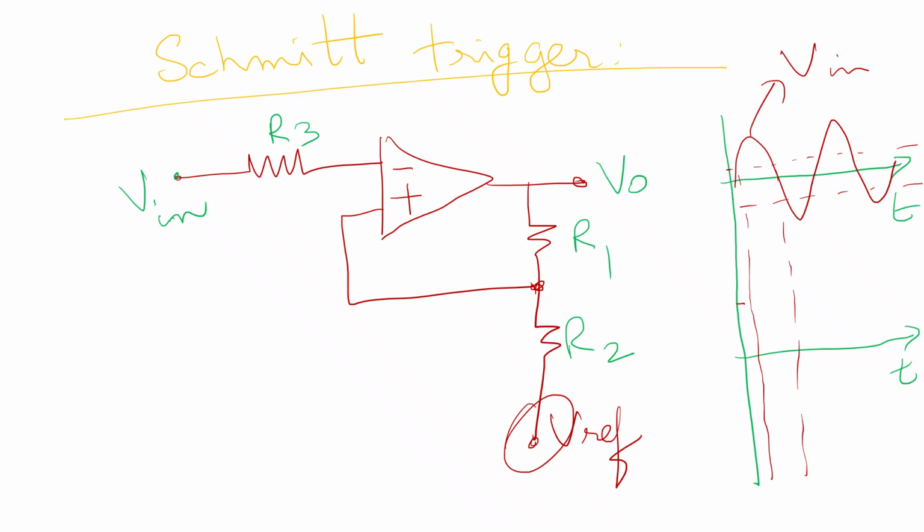The output is generated in this manner. This is the output of a Schmitt trigger circuit.